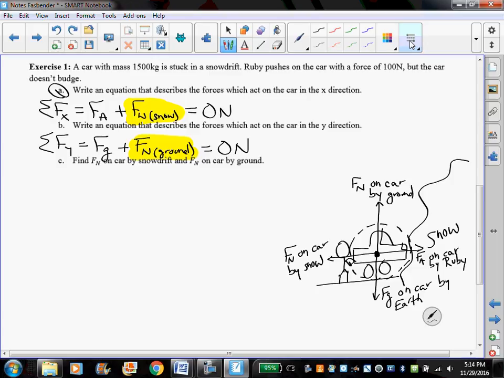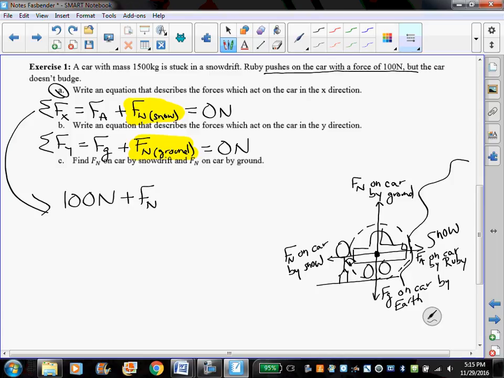Now, if we look in the x direction, as long as we know what the applied force is, we would have everything that we need in order to find the normal force by the snow. And it tells us what that applied force is. It's 100 newtons. So Ruby is pushing with 100 newtons.